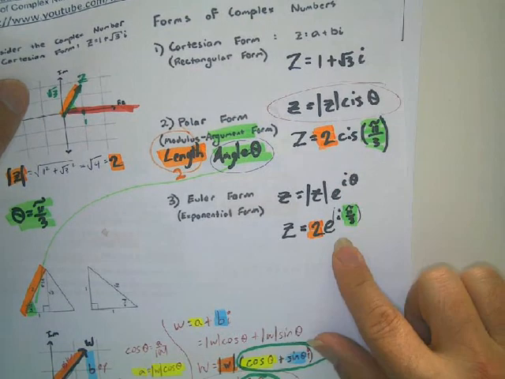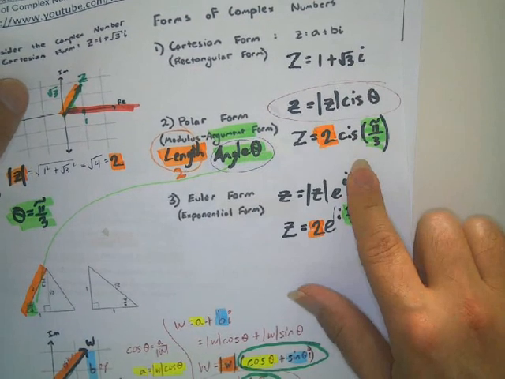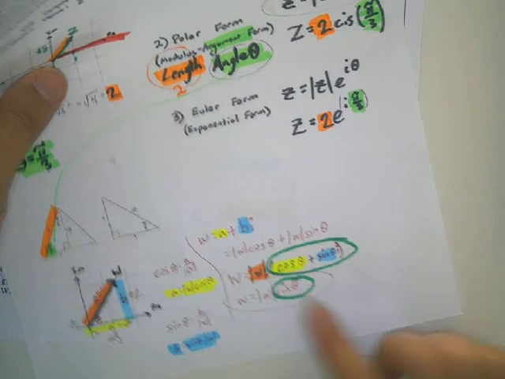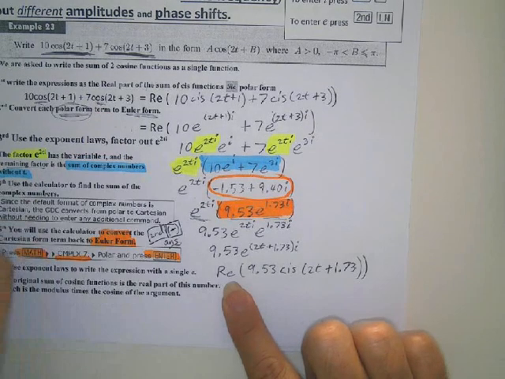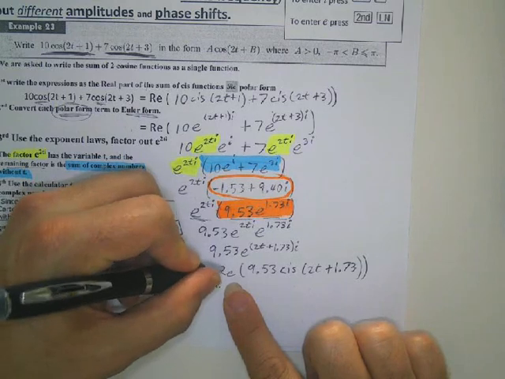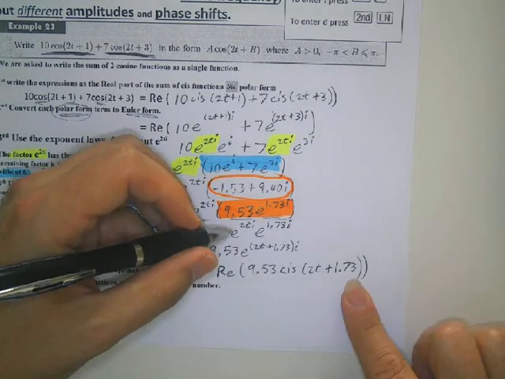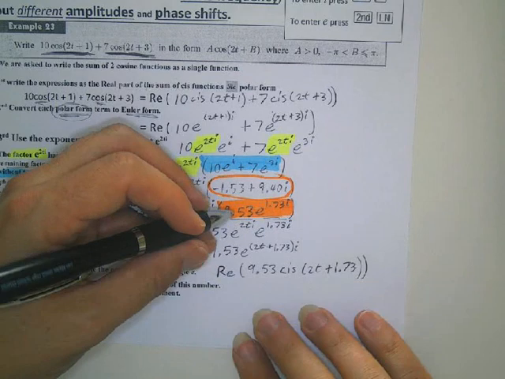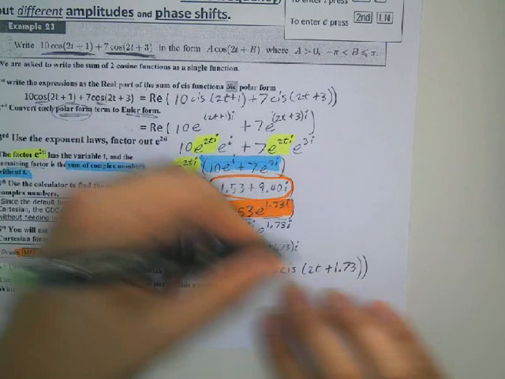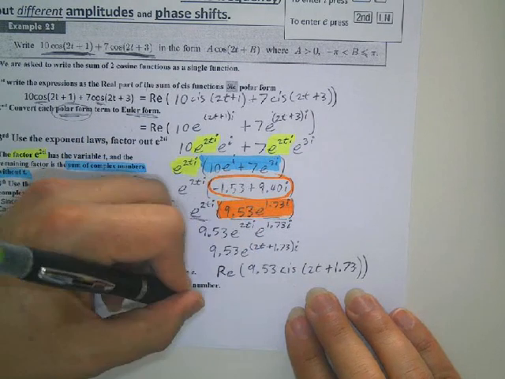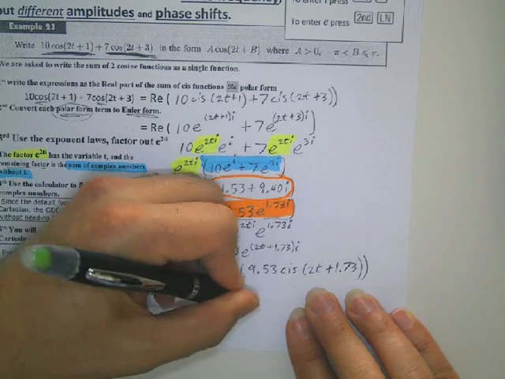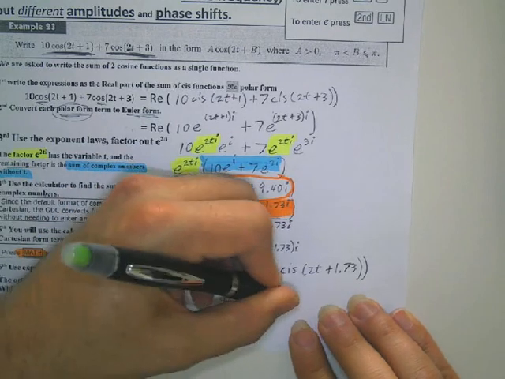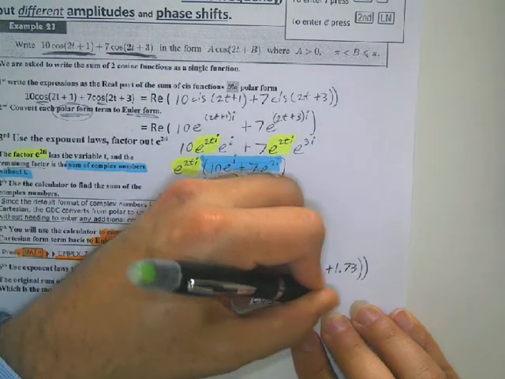But if I'm converting it from Euler form to polar form, remember the cis means that we've got cosine and sine, and we're only dealing in this example with cosine. So I have to put the RE because I'm only dealing with the real part, which is the cosine. Okay, so we're just about done. So since I've got the real part of this, my final answer is 9.53 cosine 2t plus 1.73.